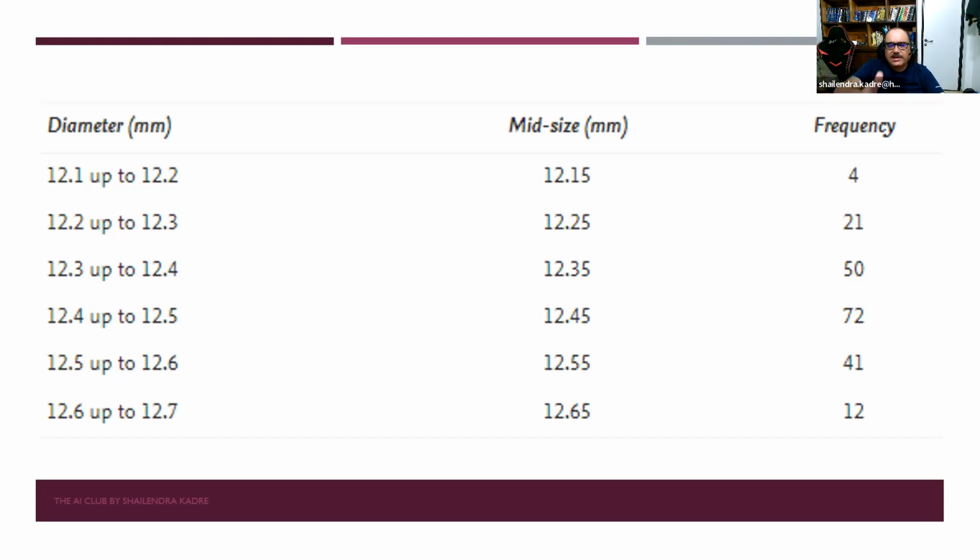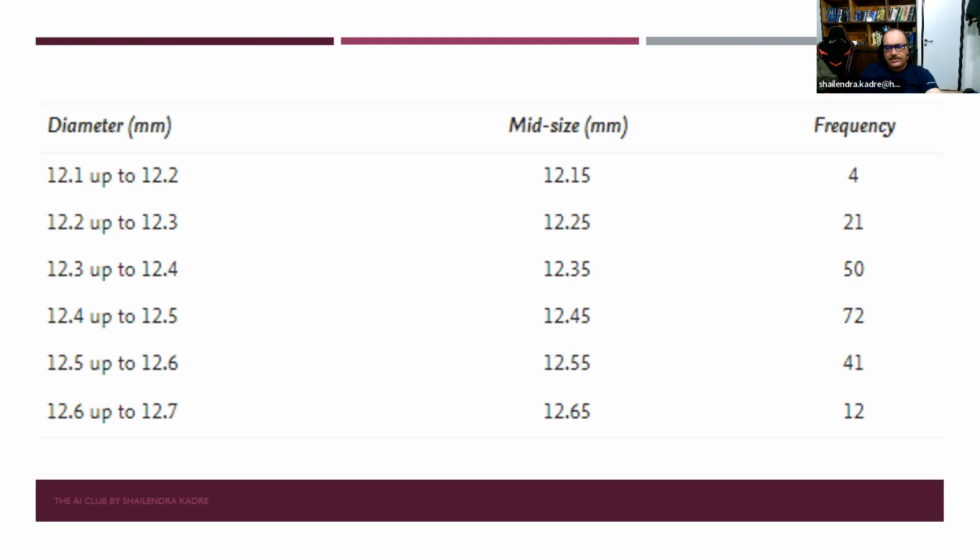Mid size: for the last record, 12.6 is the lower range and 12.7 is the higher range, so the mid range is the arithmetic mean, 12.6 plus 12.7 divided by 2, which is 12.65. That is my mid range.